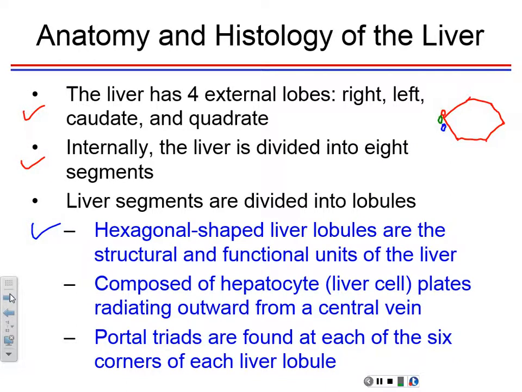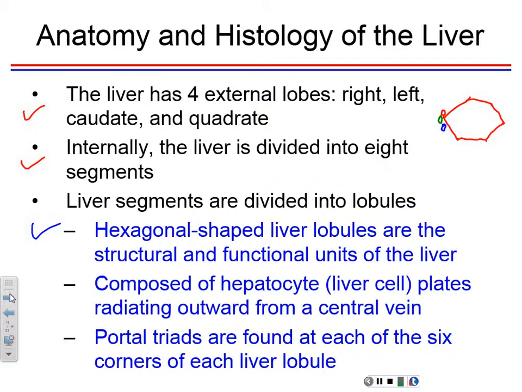All right, and then the hepatic portal vein will branch into that blue dot, which is the branch of the hepatic portal vein, carrying nutrient-rich food from the small intestine towards the liver. So this is towards the liver, this is away from the liver, and this is towards the liver, because it's carrying oxygenated blood to the liver cells, right?